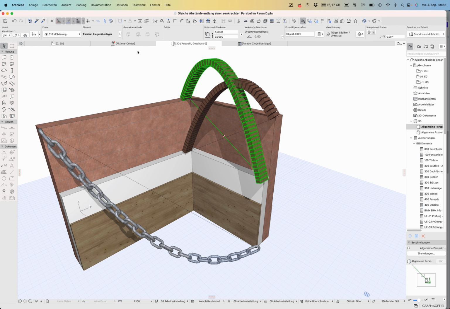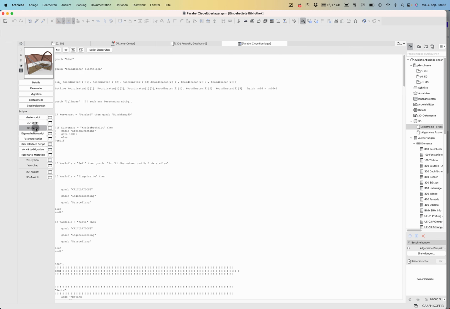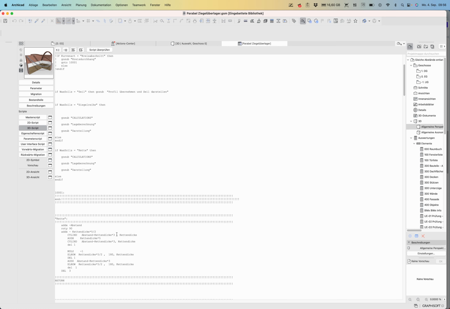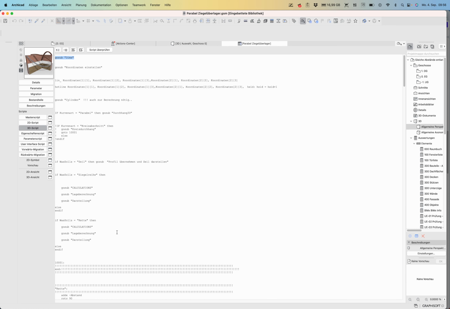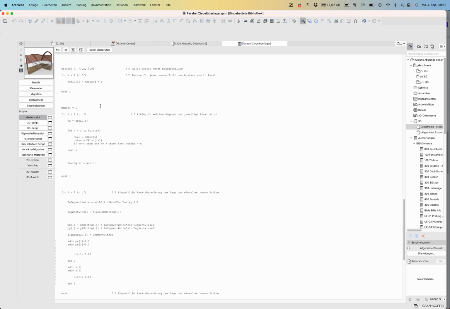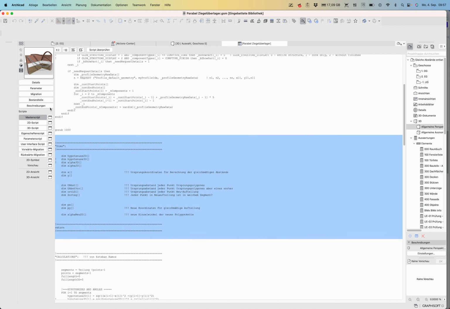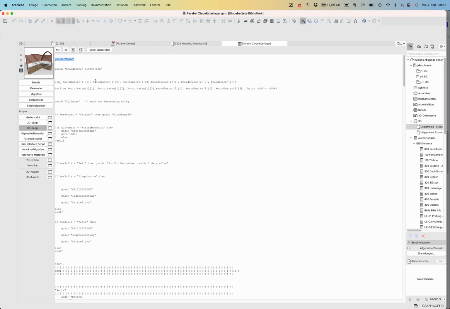And go back to the GDL 3D script, make the dims. Where are they? Ah, they are in the master script, I think. No, here, the dims. Then coordinate from the polygon. Then calculations.